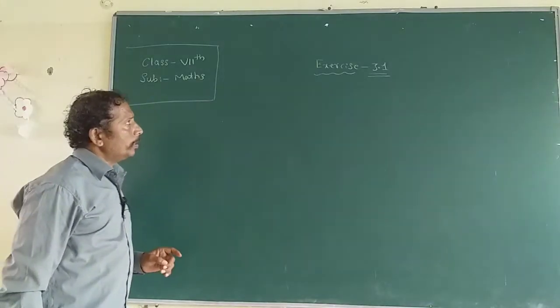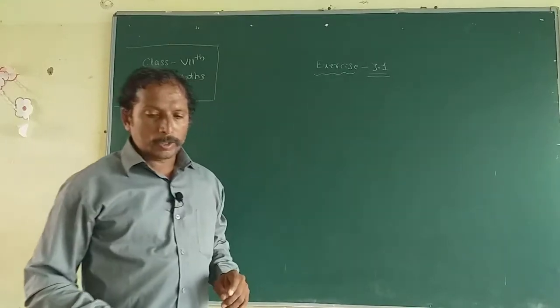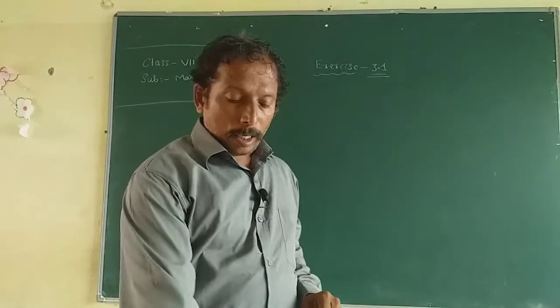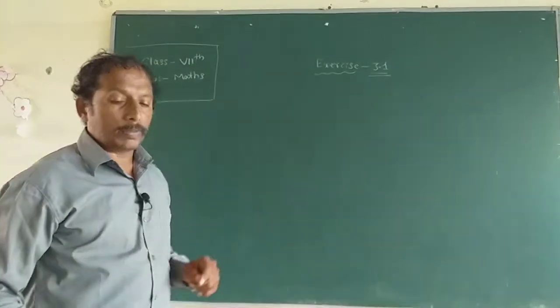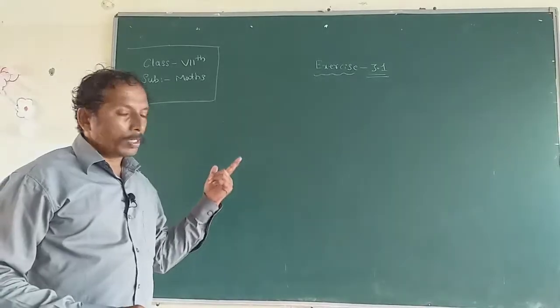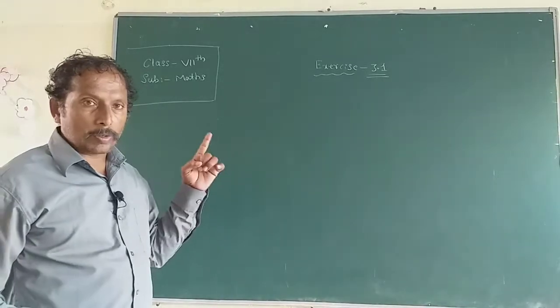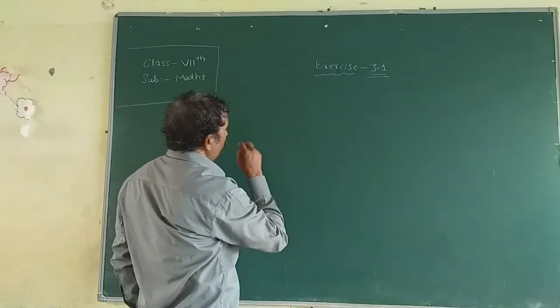Mathematics subject, exercise 3.1. Students, already you have studied how to find range and mean of the given data. In the previous class, I told you how to solve range and average. Average means the mean.